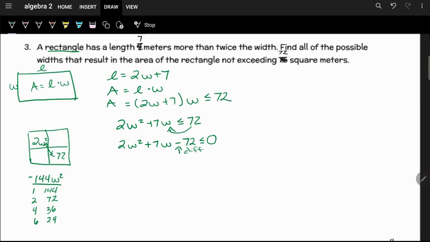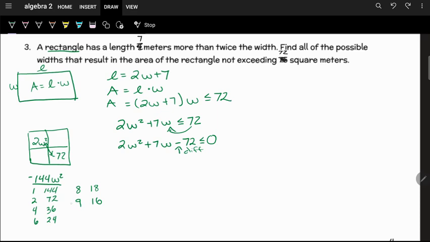Also still not close to that 7. So 8 goes in 18 times. 9 goes in 16 times. This is good. So 9 and 16 are 7 apart. So now we just need to have a positive 7 and a negative 144 product.